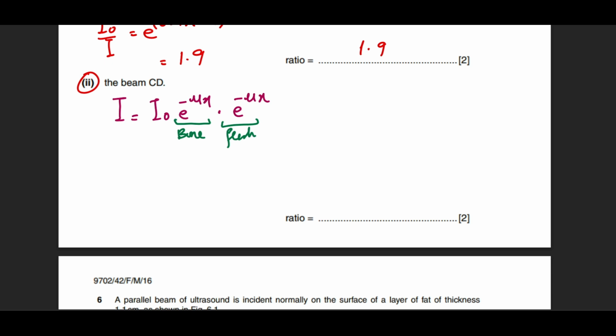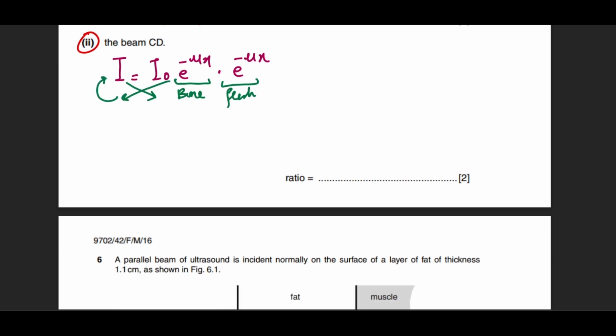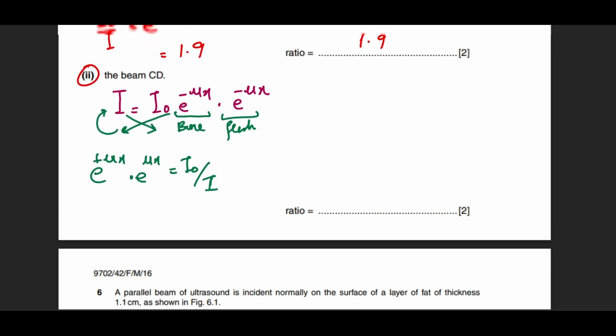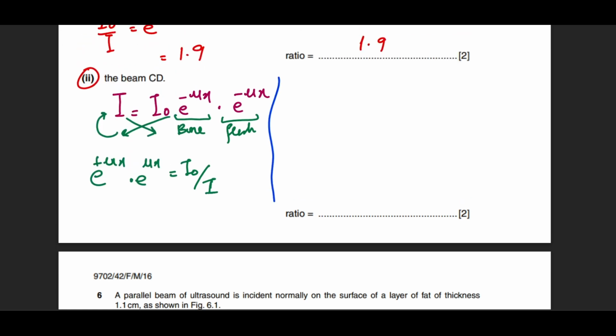Now, again, since we're dealing with I naught divided by I, let's take this over here and this over there. This is going to come in the numerator. So this becomes e raised to power positive mu x multiplied by e raised to power positive mu x equals I naught divided by I. Now let's replace the values. I naught divided by I equals e raised to power 0.27 into 1.3.